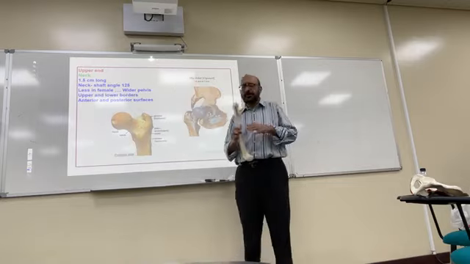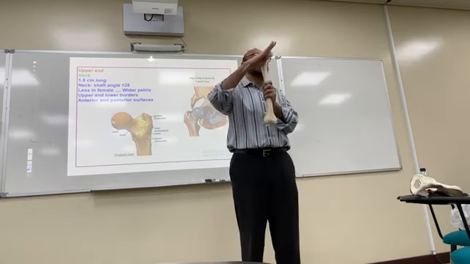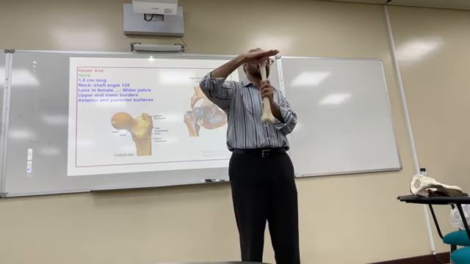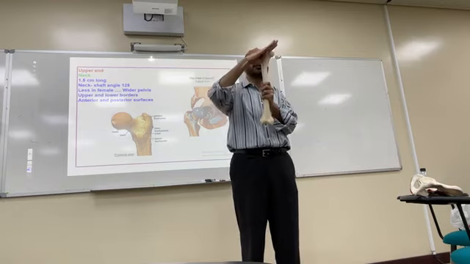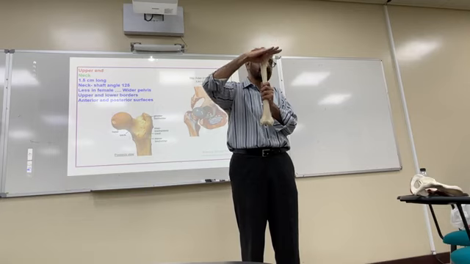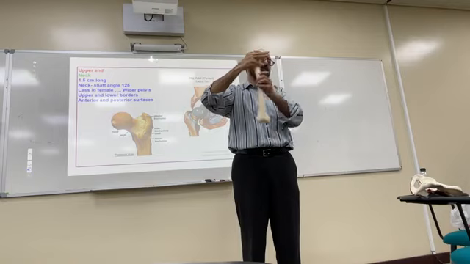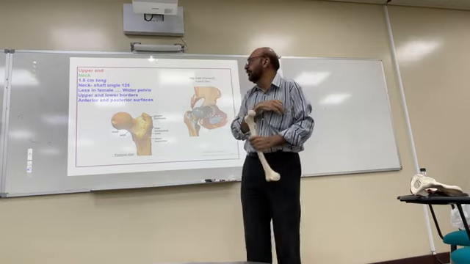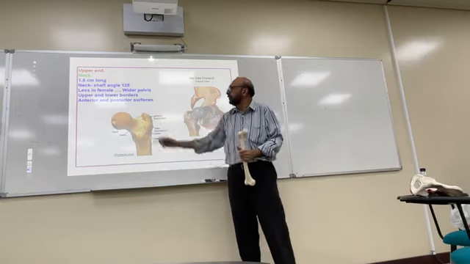Wider. The reason is the wider pelvis. This is 125, less is like this. So the female neck of the femur is not at this angle, it is lesser. And that is the reason, because of the bigger pelvis, so it will make a joint like this. This is regarding the neck, upper and lower border, that you know.